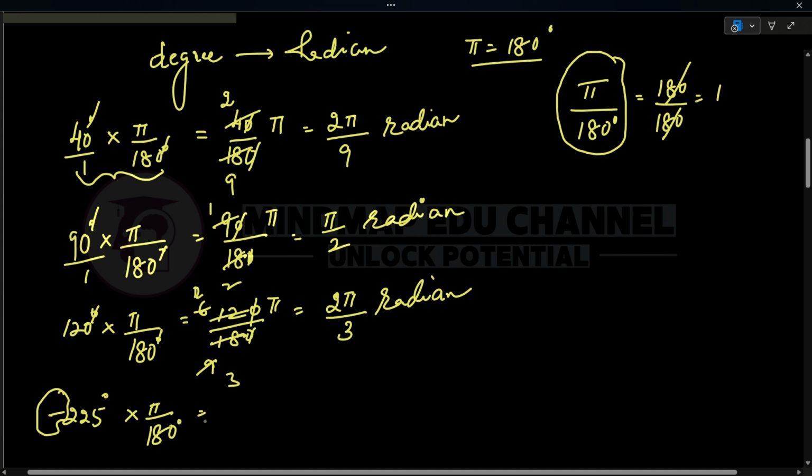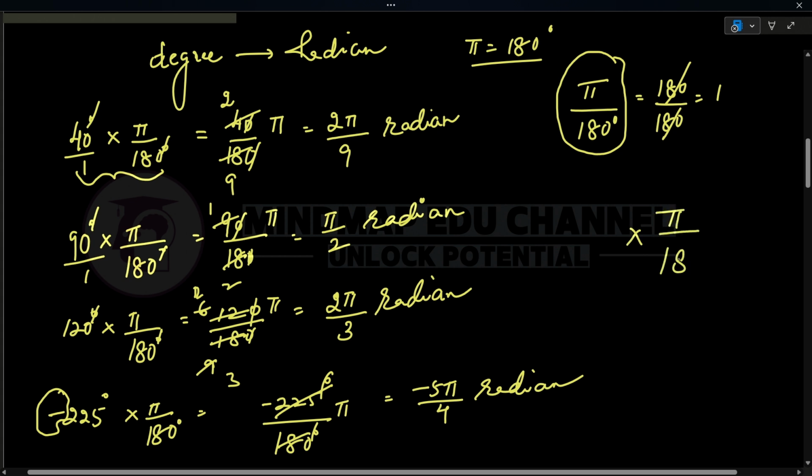So here it will be 225 degrees over 180 degrees, which gets cancelled, and after simplifying and reducing this fraction, what we will get is minus 5 pi by 4 radians. Clear? So this is how you convert degrees into radians, by simply multiplying by pi over 180 degrees. Remember, it is pi over 180 degrees.